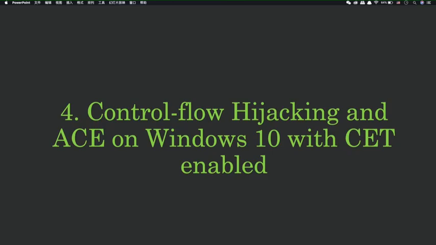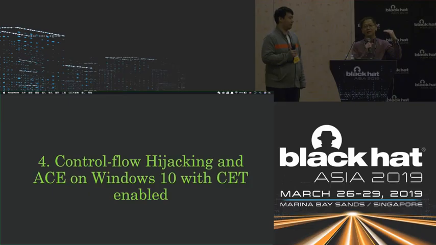Next part is about the control flow hijacking idea, and Chung will talk about it briefly. Yeah. So we talked about the software solution for control flow hijacking, and the Intel hardware solution for hijacking.